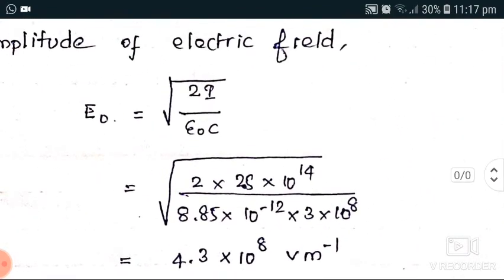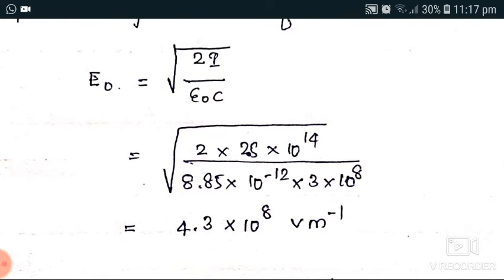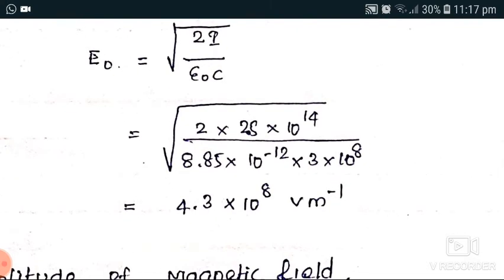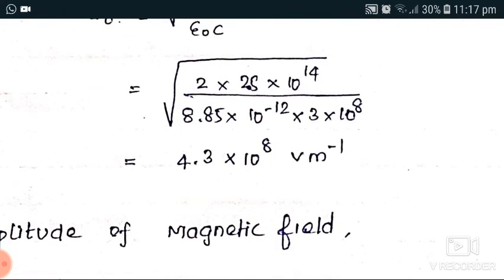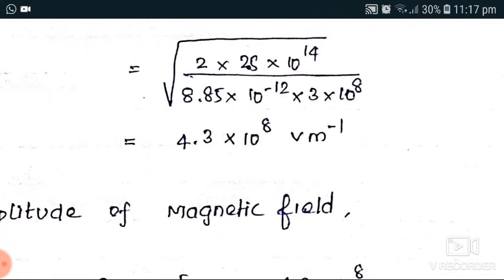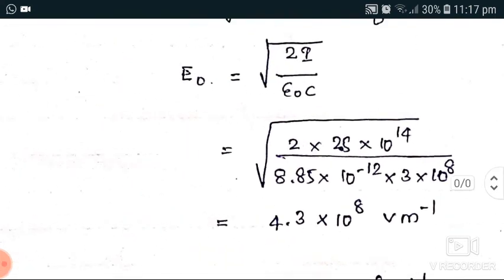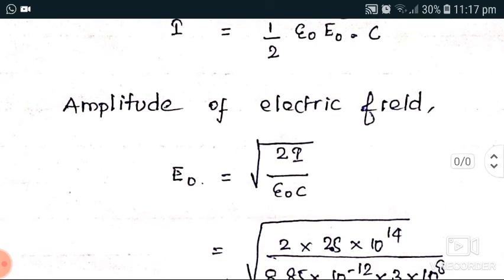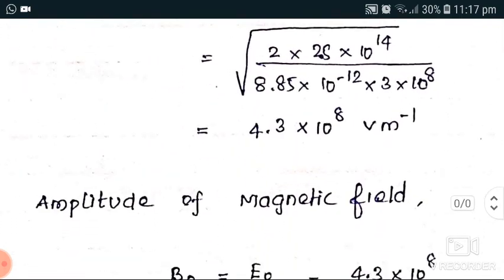Just substitute these values, so you must know the constants epsilon naught and the speed of light. Then you will get the result 4.3 into 10 to the power of 8 V m^-1. They are asking the amplitude of the electric field, so now we have that answer.